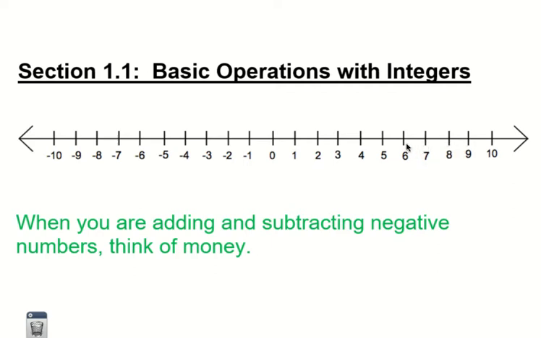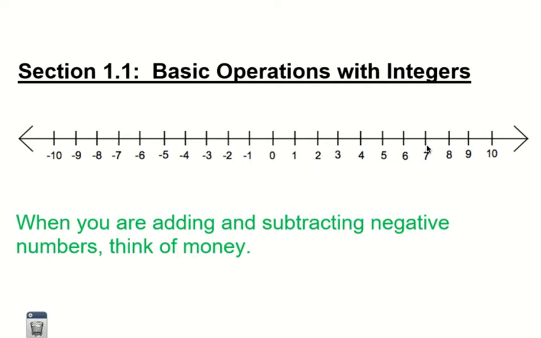So subtracting something, you're moving to the left on a number line. And if you're adding something, you're moving to the right. Like if I'm doing 2 plus 5, I'm starting at 2 and going 1, 2, 3, 4, 5 to the right. And so, as far as a number line goes, 2 plus 5 gets me 7.